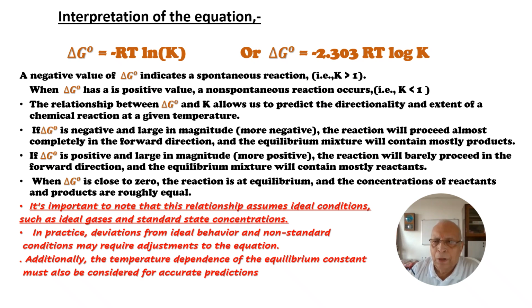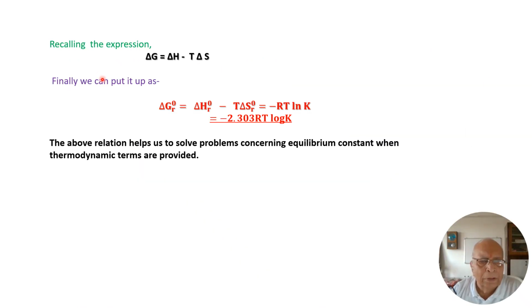So finally, what we get, if you recall, is delta G is equal to delta H minus T delta S, which we have already learned. Then we can correlate all our equations like this. Delta G naught, where naught represents the standard conditions.